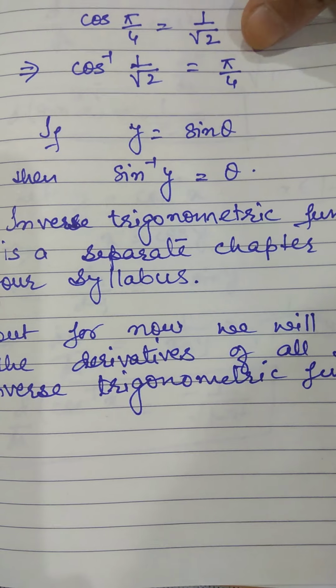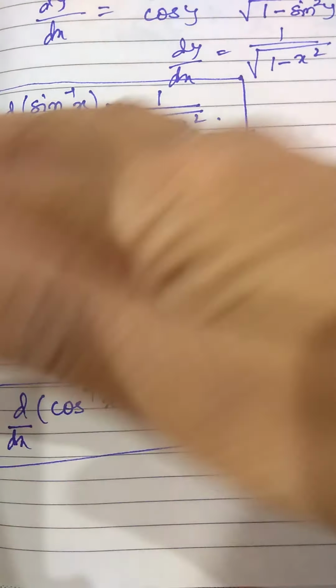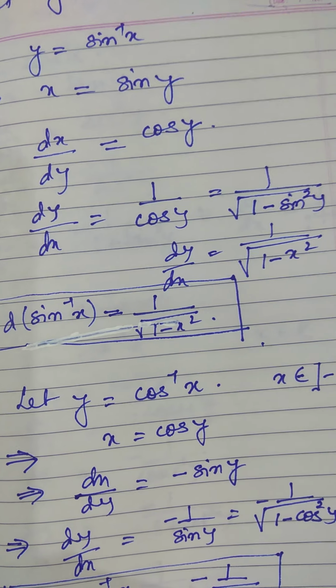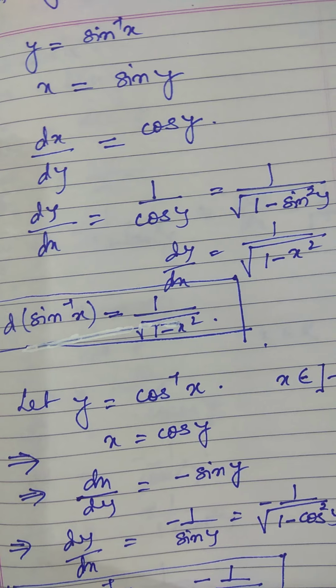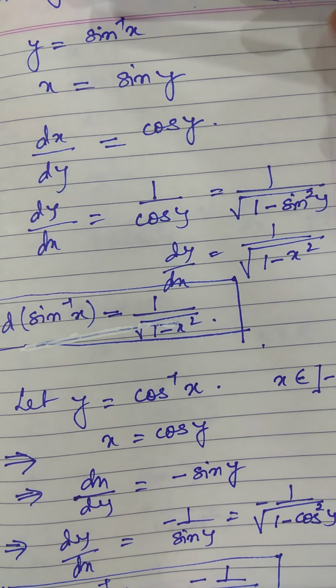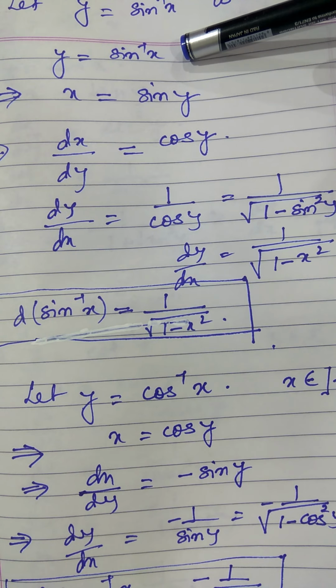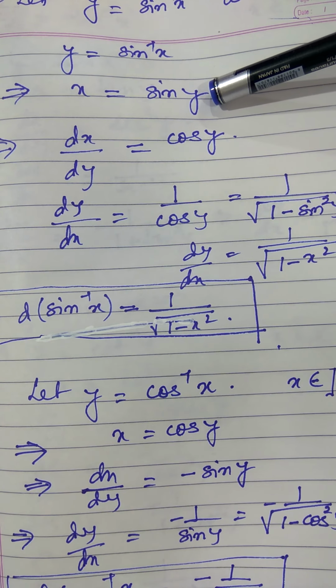Now we are going to revise. We are going to find the derivative of each and every inverse trigonometric function. So let's start with y is equal to sine inverse x. It means x is sine y.